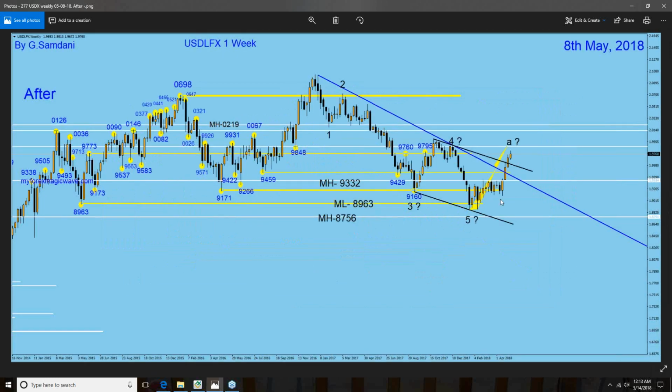Well, the 8. ABC correction, we went there very close to where I said we would. So this is how I am tracking this. And the next chart I already have. It's on my website. And if you want to know where it is going now, then visit my website, myforexmagicwave.com.